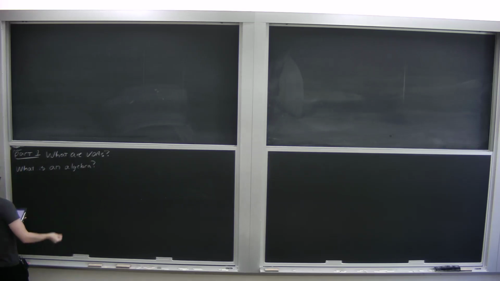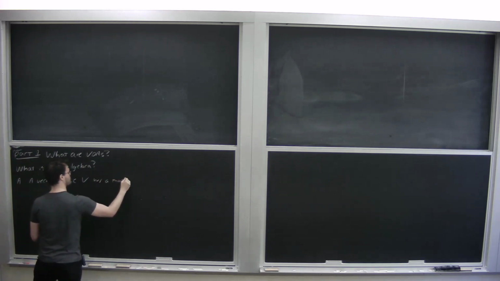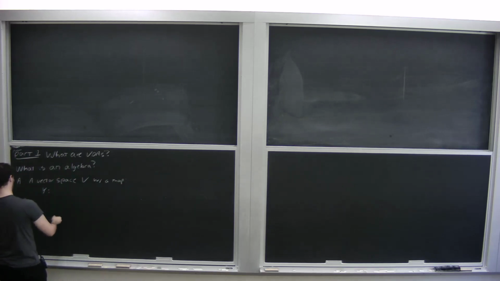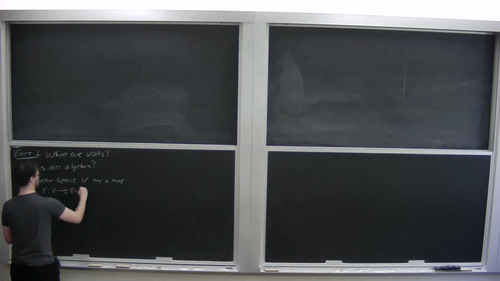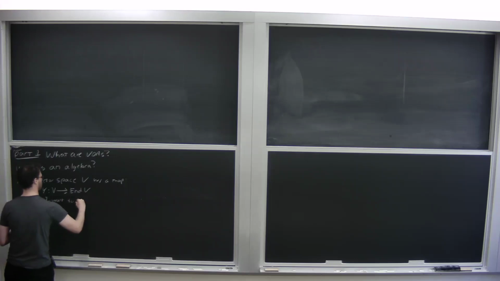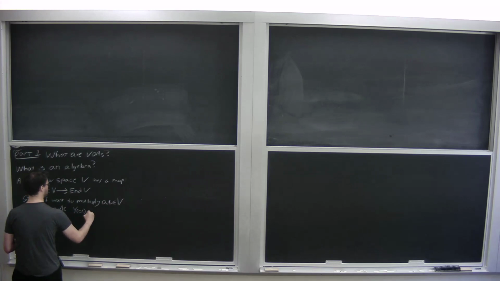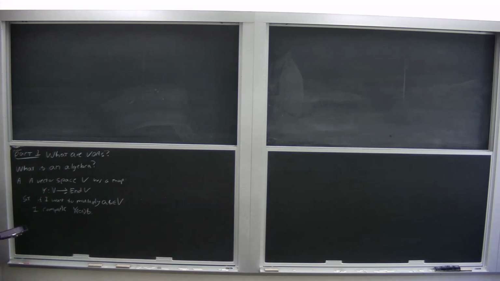But one approximate way we can think of this is, well, the answer is a vector space V with a map, which for vertex algebra purposes I'm going to call Y, from V to End V, such that if I want to multiply two elements A and B in my algebra, I just compute, let's say, Y of A and apply that to B. Now, of course, there are many types of algebras, and I could impose some other conditions on these things to ensure I have things like commutativity, for example, or having a unit or a derivation. But this is one way we can present what the multiplication on an algebra is.